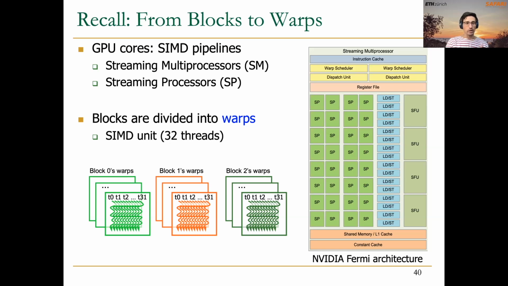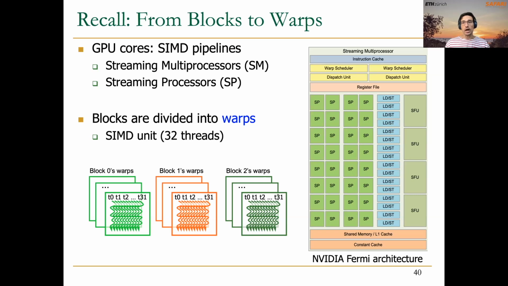Once the code is defined and the thread blocks are defined and we launch the kernel, these thread blocks are assigned to GPU cores, as we have seen as well. And inside the GPU core, remember from the previous lecture, they are decomposed into warps.